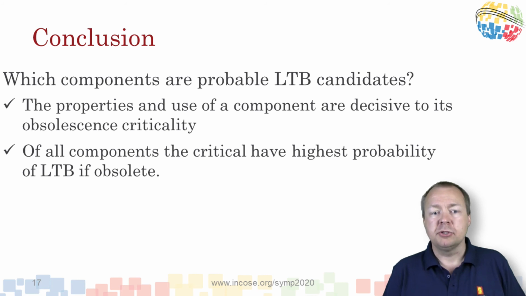So in conclusion, going back to the research questions, which components are probable last time buy candidates? The properties and use of a component is decisive to its obsolescence criticality. And of all components, the critical have the highest probability of last time buy if obsolete.